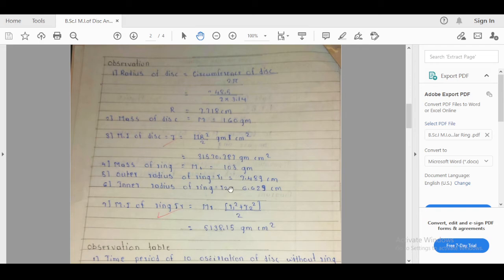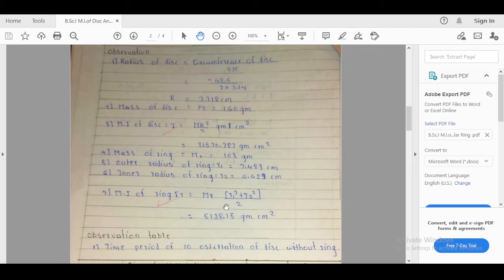The outer radius of the ring is this, the inner radius is this, and therefore I_R equals m_R times (r1 squared plus r2 squared) upon 2. Now it comes out to be 5138 gram square centimeter.